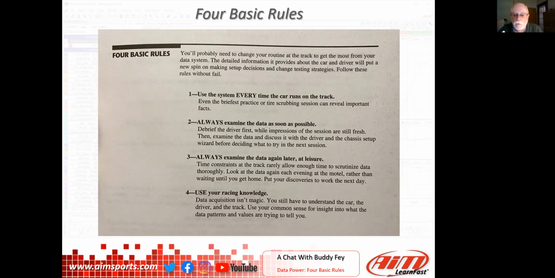And that doesn't change much between the lowest cost and lowest powered classes and the top pro level. And balance is not a single monolithic thing. I mean, you need a certain balance on corner entry, a certain balance on corner exit, and a certain balance on mid corner.